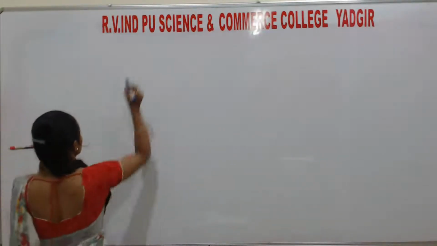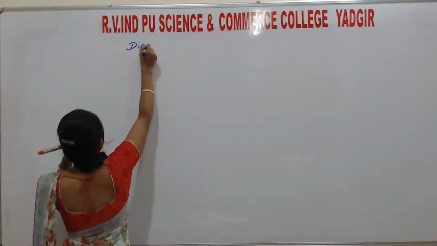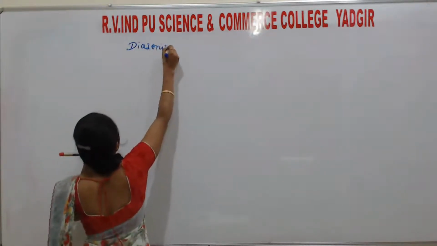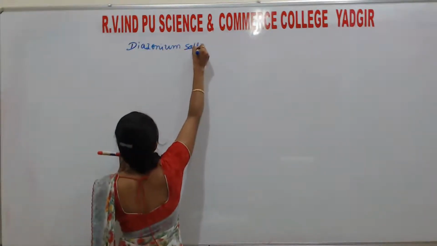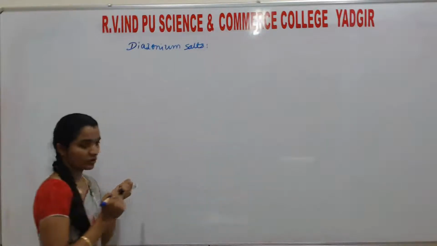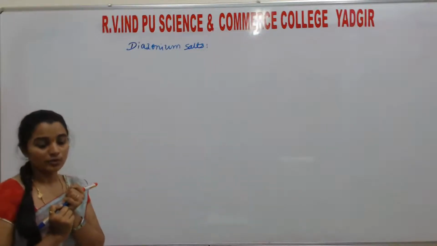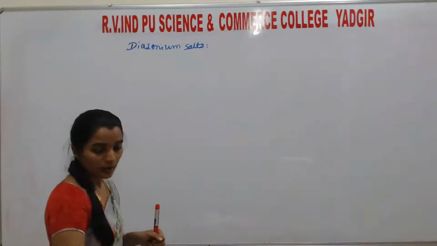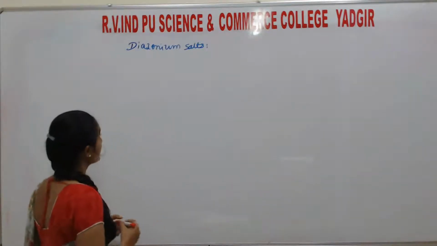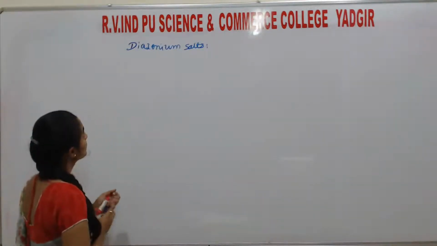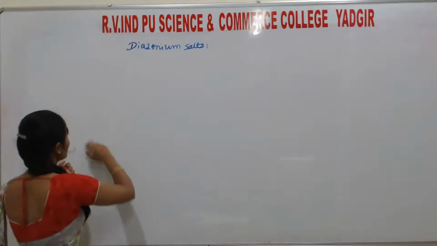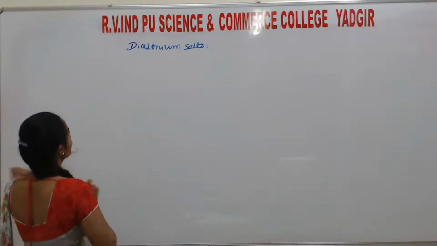Next one is diazonium salts. Okay, students, these are important compounds of amines. How are these diazonium salts named? So listen, I will write 2 examples here.